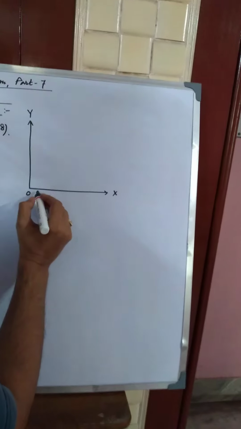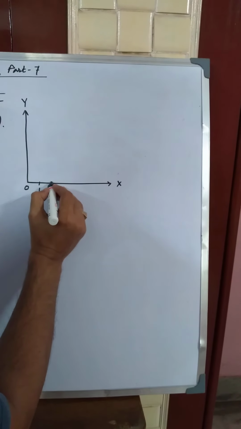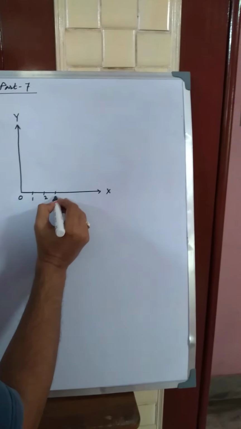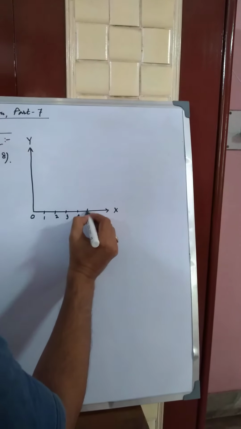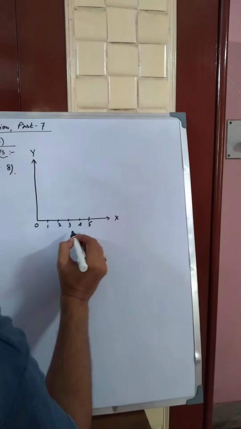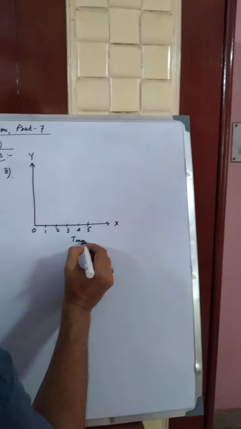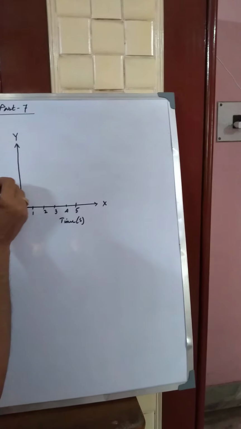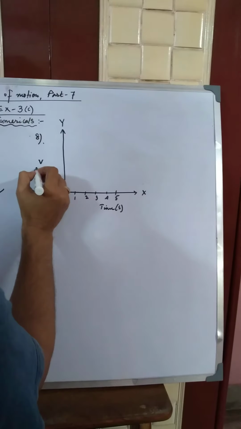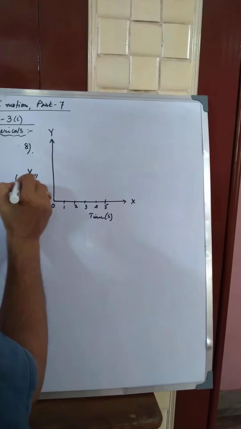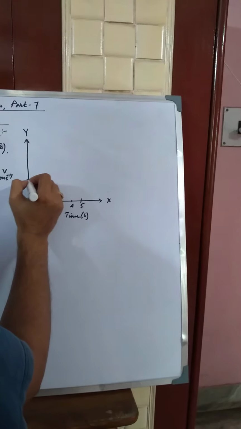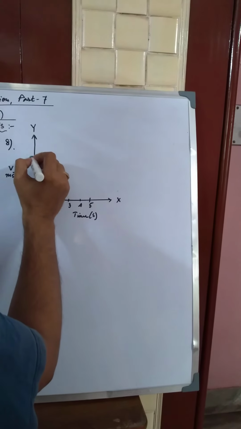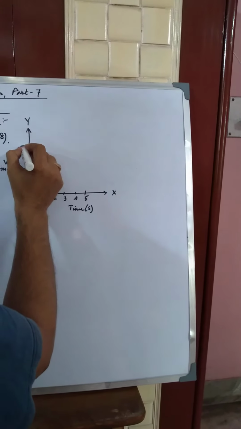It is 0, 1, 2, 3, 4, 5. It is the time in second. And here it is the velocity of the body in meter per second. And it is given 0, 10, and 20.